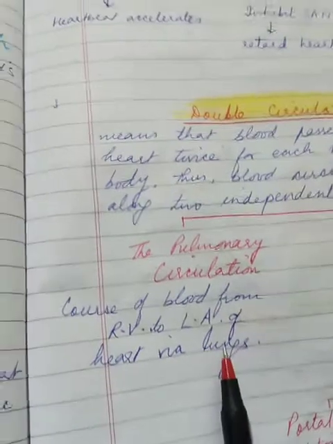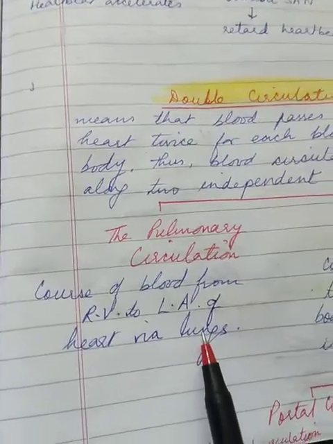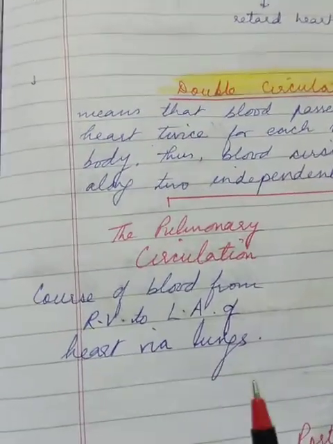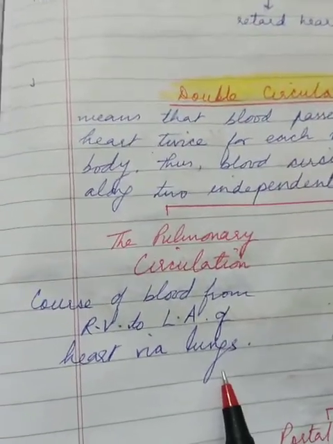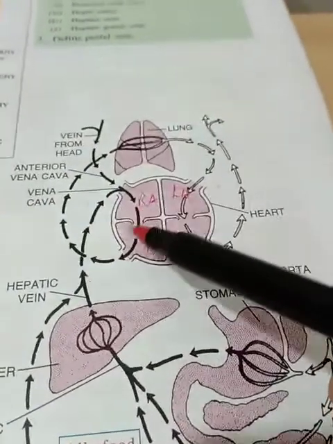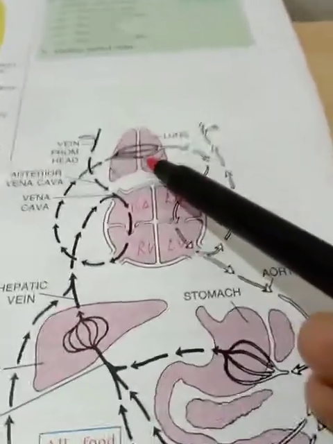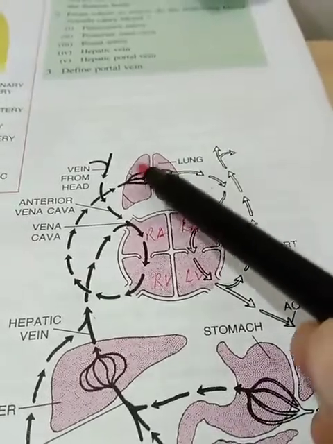That is, the right ventricle is pumping the blood into the pulmonary trunk, which divides into pulmonary arteries. Then these supply the deoxygenated blood to the lungs. If you see this, this is supplying the deoxygenated blood to the lungs for oxygenation, right?